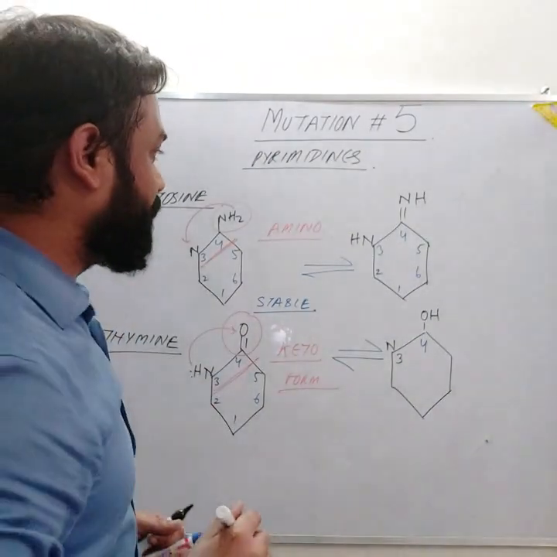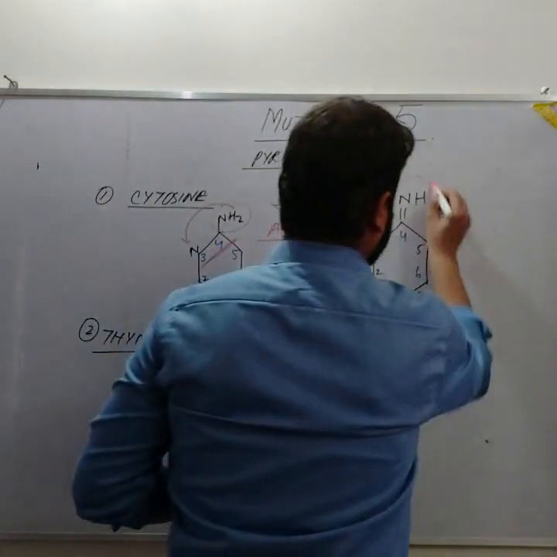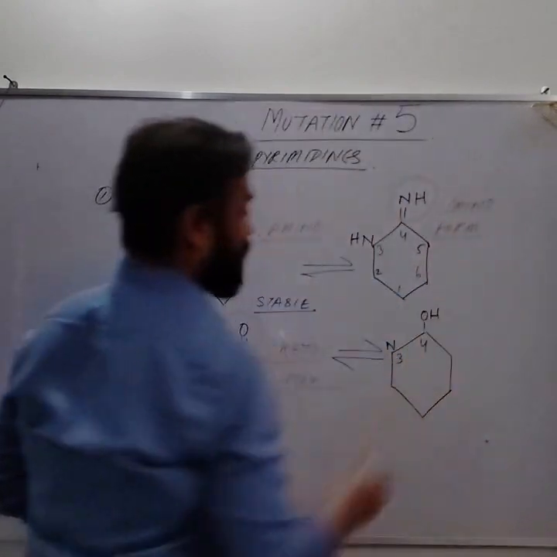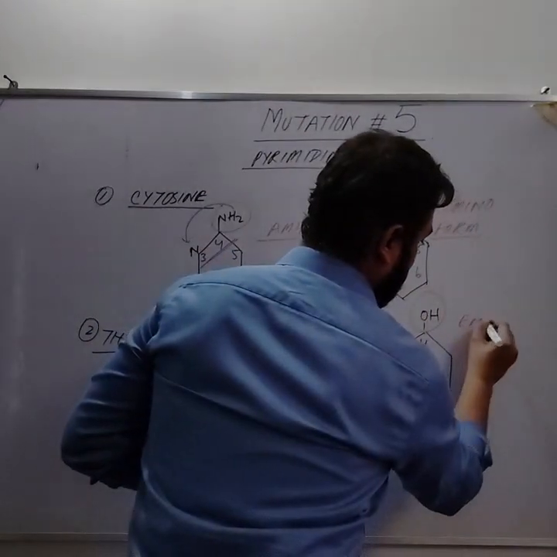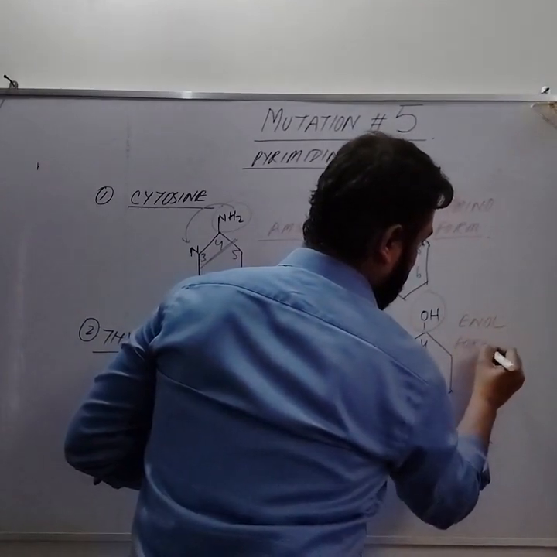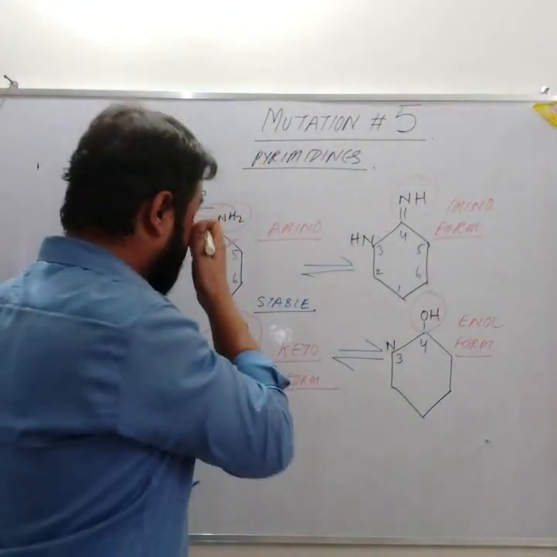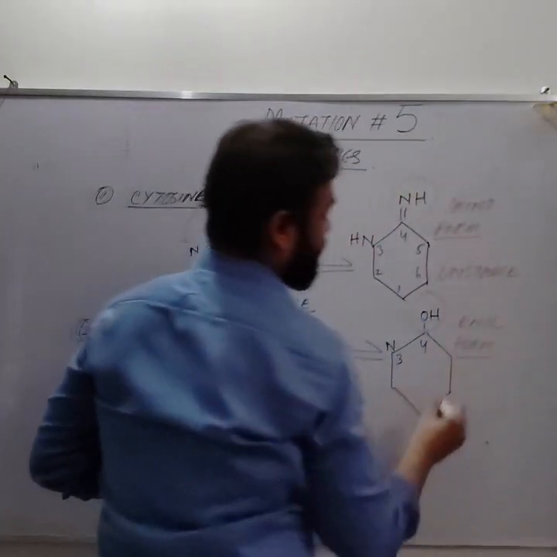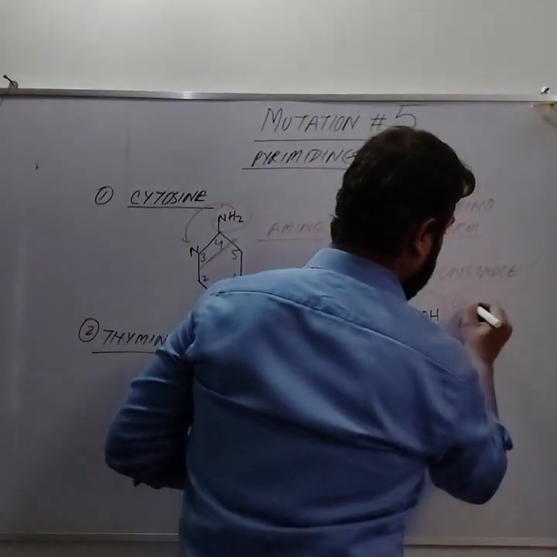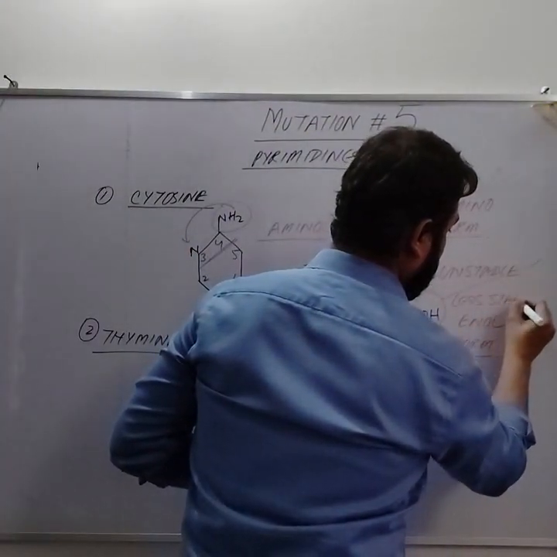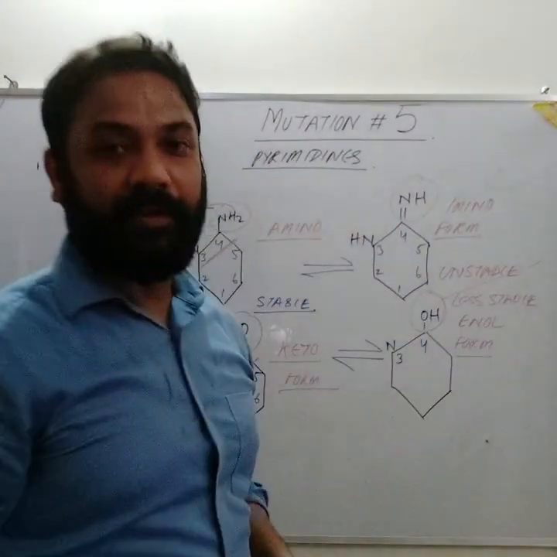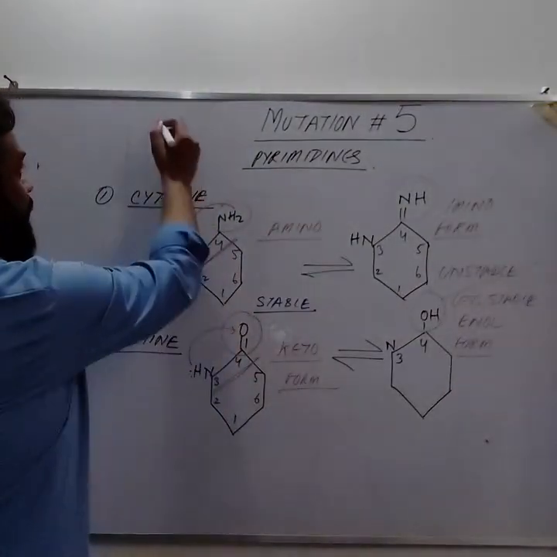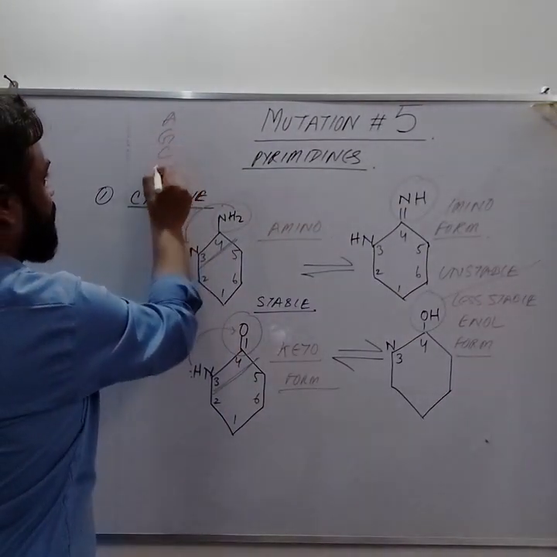Now these two forms, this is your imino form and this is your enol form, and these two forms are unstable or less stable.